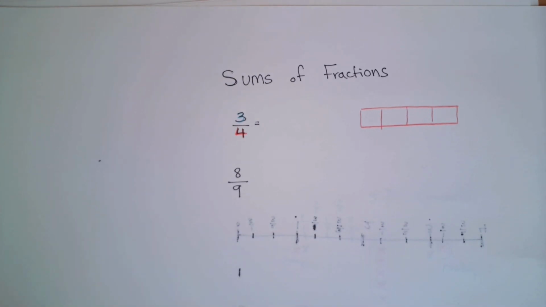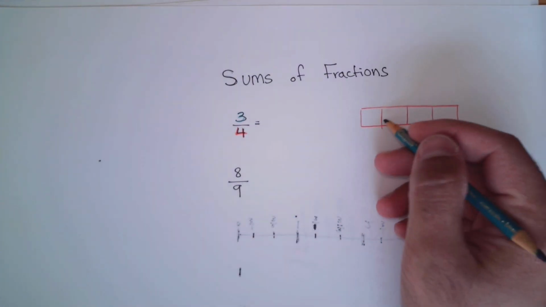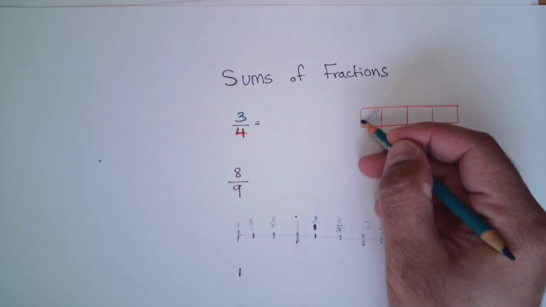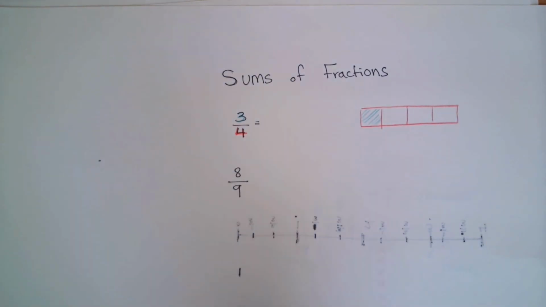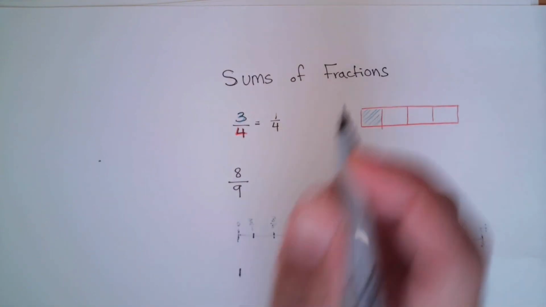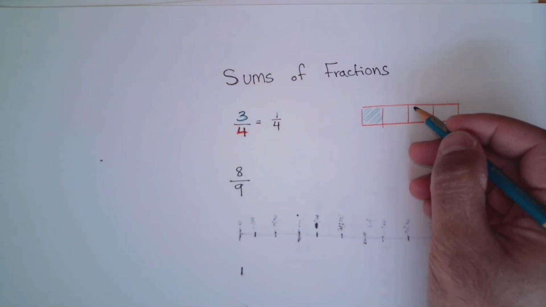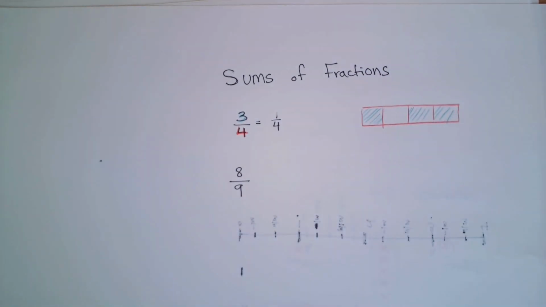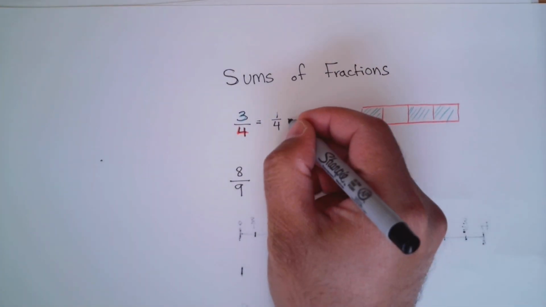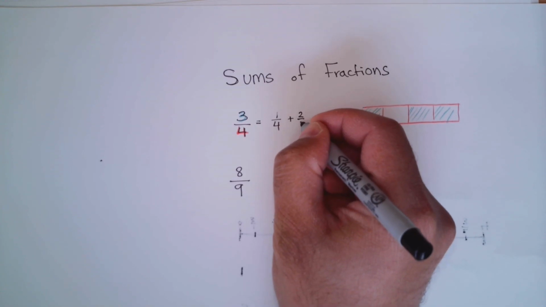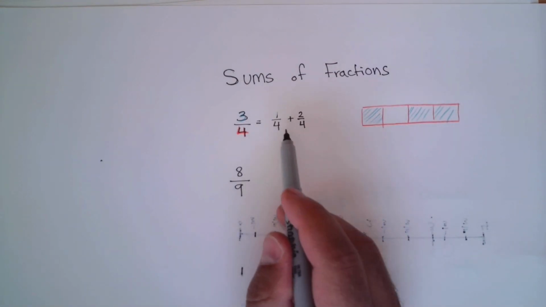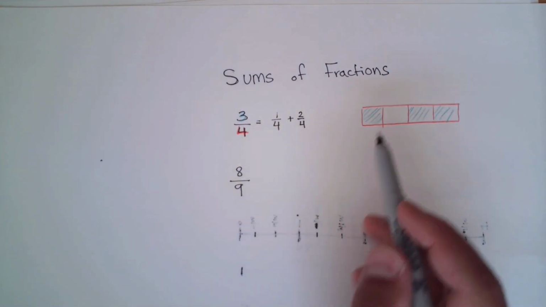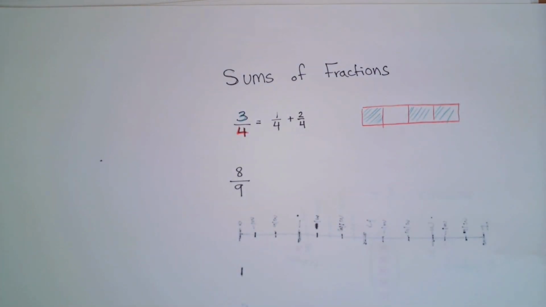Okay, so you can make 3/4 by adding 1/4 plus 2/4. That's one way you can make 3/4, right? We can take 1/4 plus 2/4, one piece plus two.